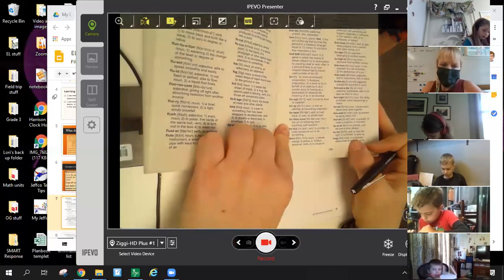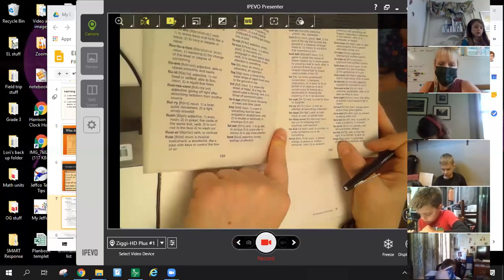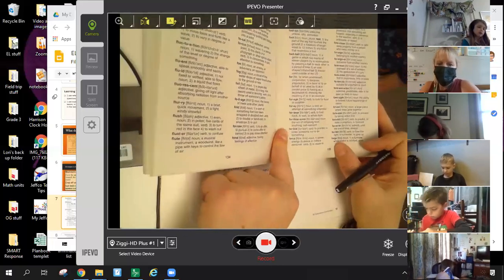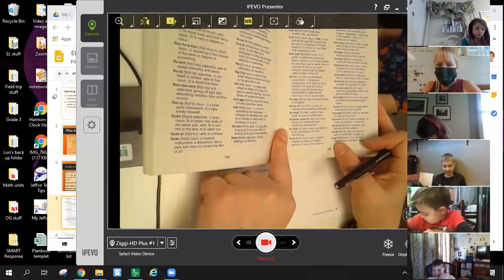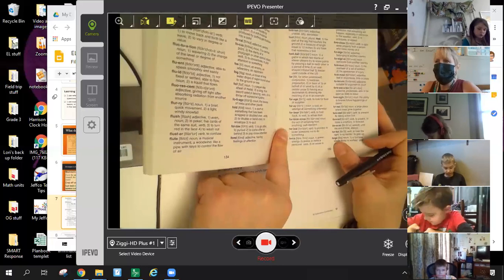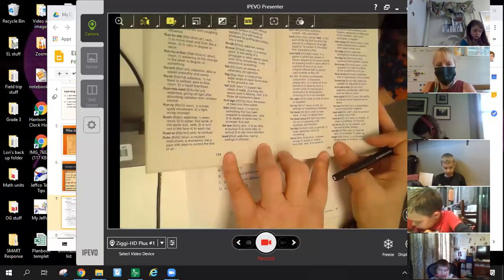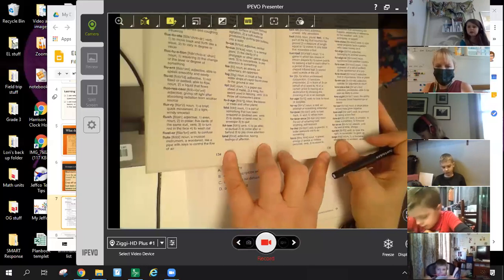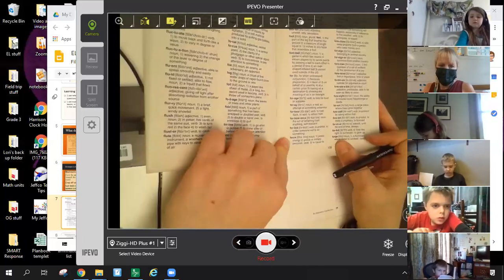Do you think forbid's going to help me? Probably. What page is forbid on? 135. So if you are looking for forbid, 135. Let's check our answer. Are you on page 135, my friend? Okay, at the bottom. So it's toward the bottom, right?